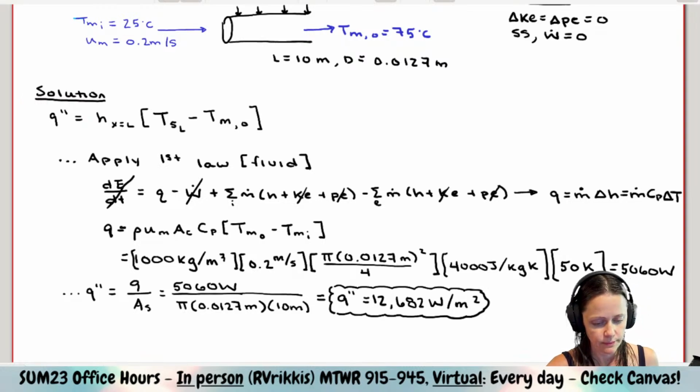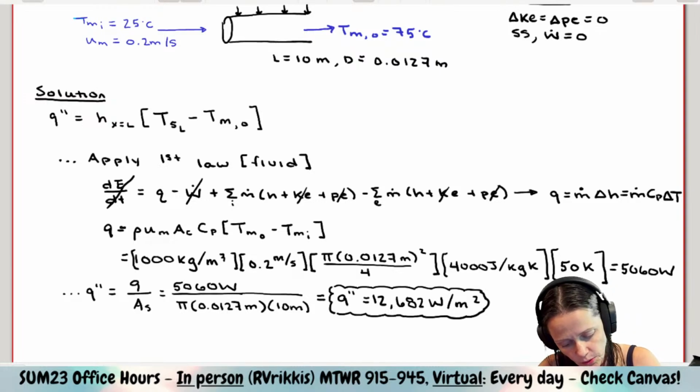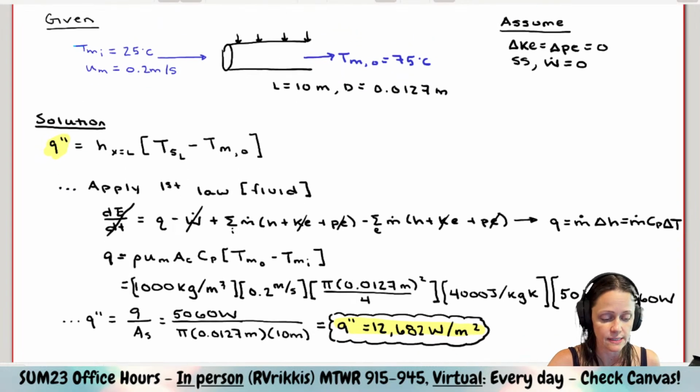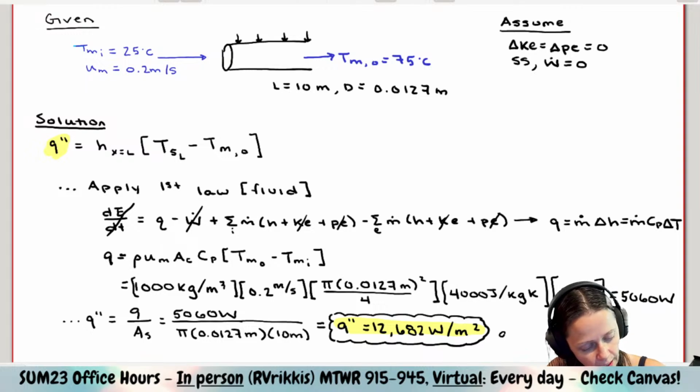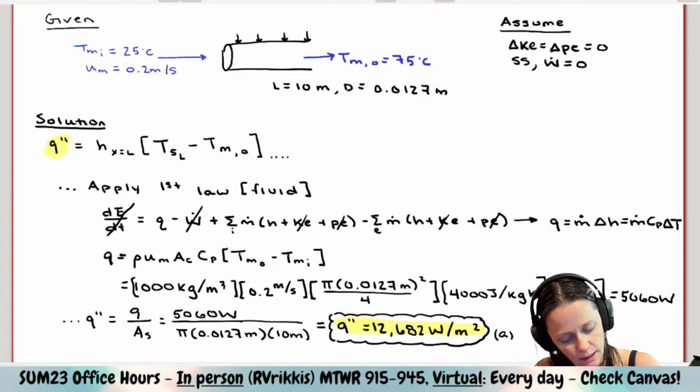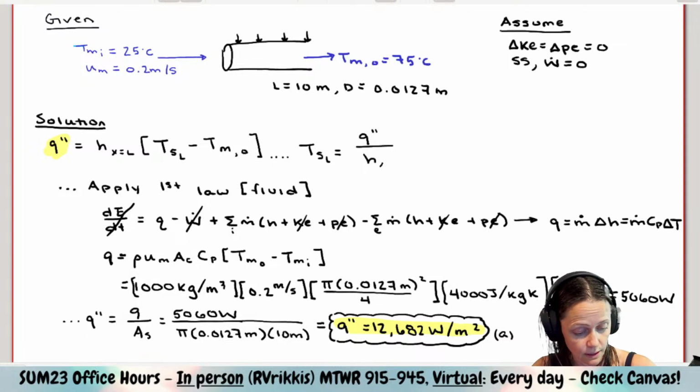All right. So I've got this guy. That's that one. And now it looks like I've at least got that. So that's part A. But for part B, I need the surface temperature at X equals L. So this is going to be Q double prime divided by my local heat transfer coefficient at X equals L, plus my T mean outlet temperature.